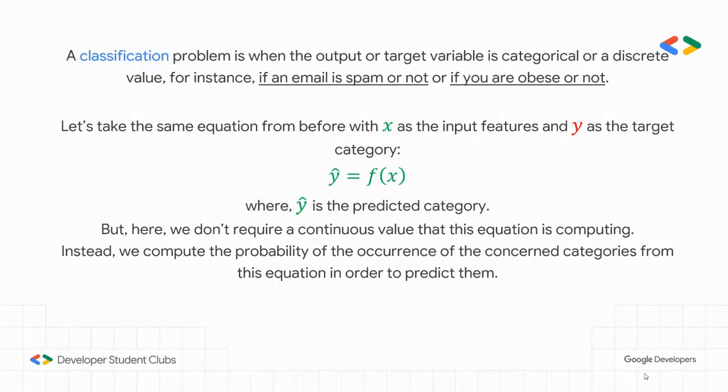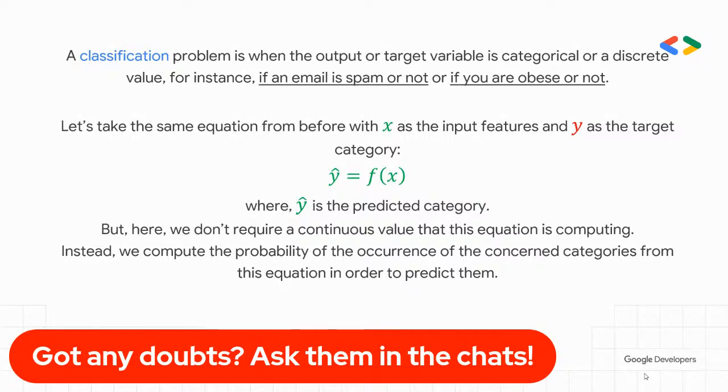In this case too, we'll have a specific function, but we don't require the y hat obtained from f of x. Instead, what we do is calculate the probability of occurrence of the concerned categories from this equation in order to correctly predict which category the test variable will fall onto.